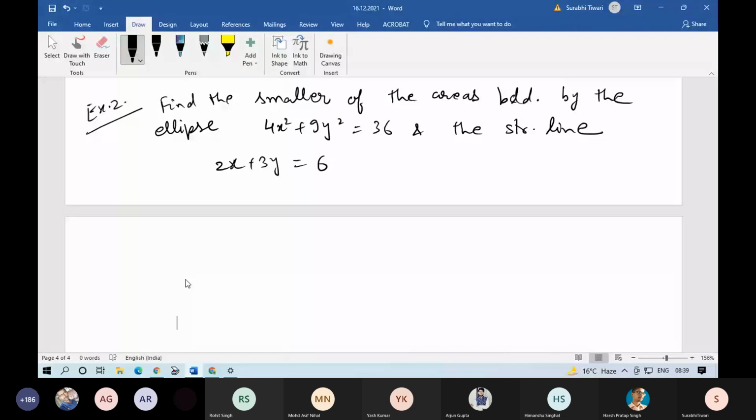Okay. So it means you have to find the area of intersection of this curve and this curve.